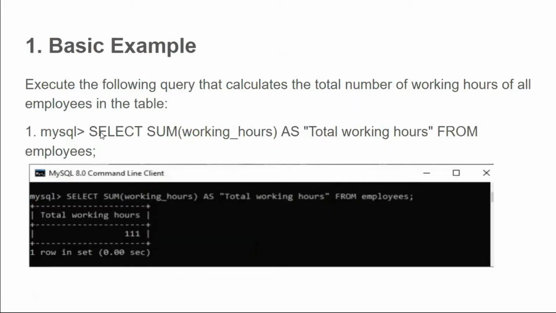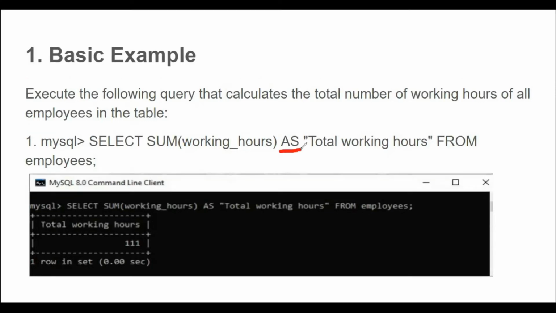So I have written a query: SELECT SUM(working_hours) AS total_working_hours, because in my table there is no column called total working hours, but the question asks me to show the result set under the name total working hours. So I'm using the rename operator, that is AS.